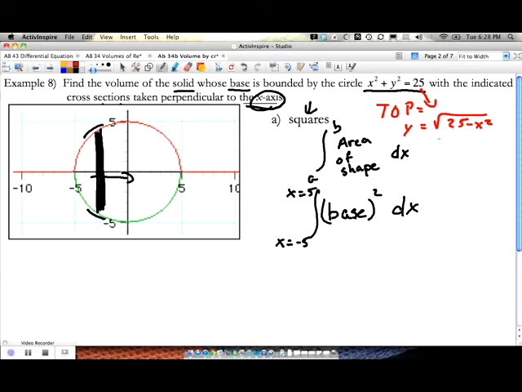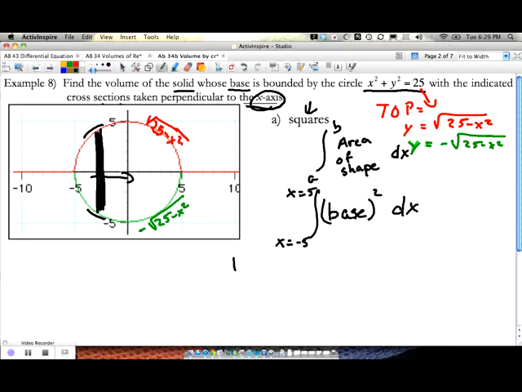The bottom, in green, is y equals the negative square root of 25 minus x squared. And on top was the other one, square root of 25 minus x squared.